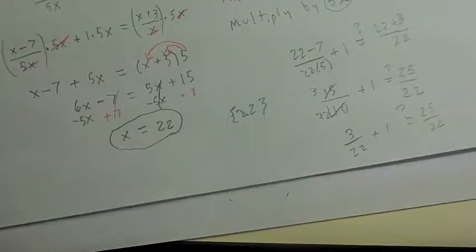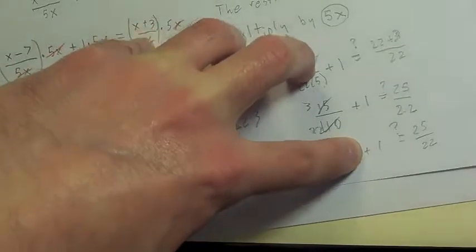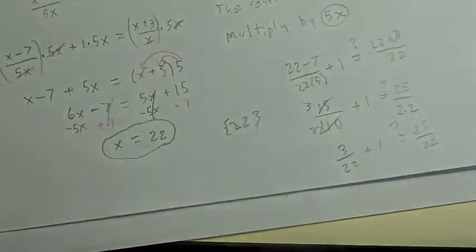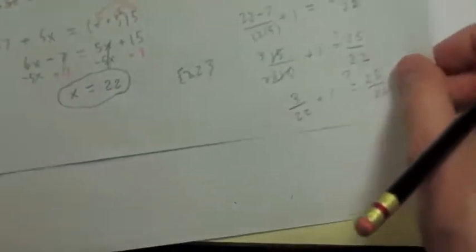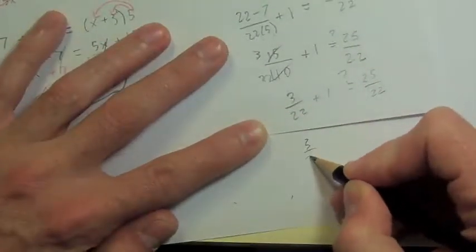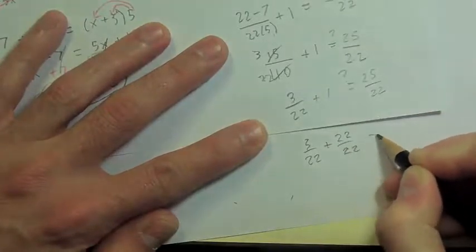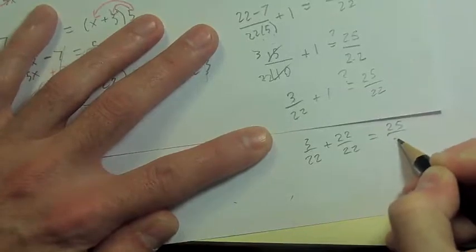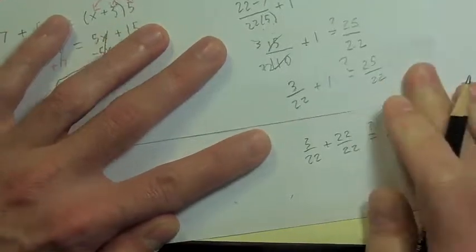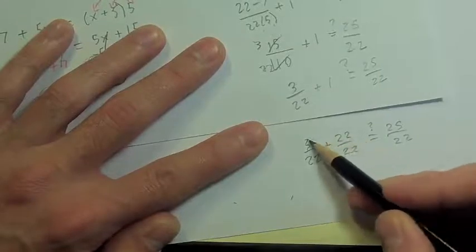And this looks a little more likely, because 1, remember, you can rewrite as anything over itself. So what I'm going to do is say that 1 is 22 over 22. Okay, and now that we have common denominators, we could just add the tops.